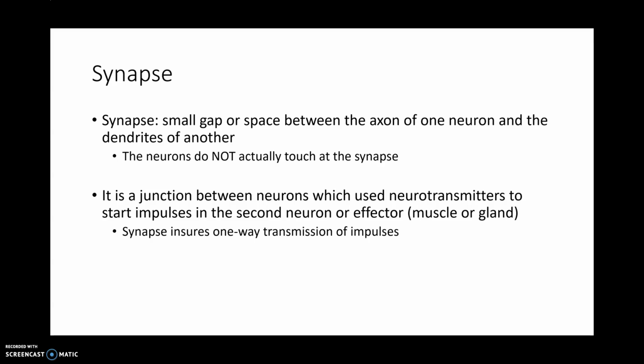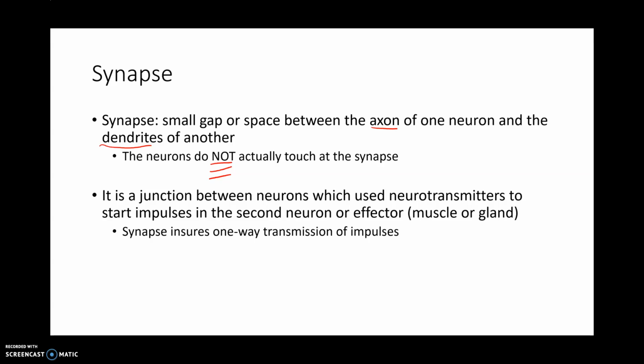A synapse, this should be a pretty familiar word. We saw one with our muscular contractions. So a synapse is a small gap or space between the axon of one neuron and the dendrites of another. And another important thing is to remember that these are not actually touching in the synapse. There's a space there, which is why it's important.